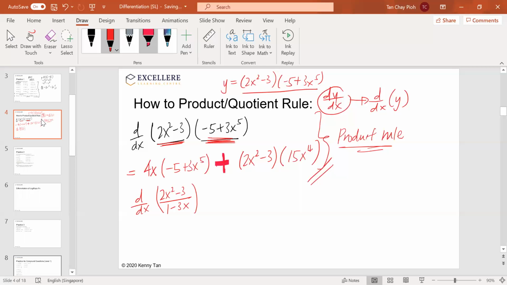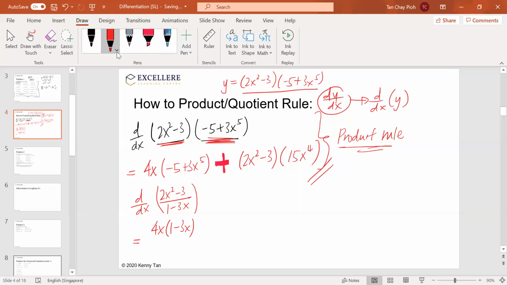Let's say I'm going to differentiate this. So whichever term comes first at the top, I'm going to differentiate it. So what I'm going to get is 4x, right? Then same thing, I'm going to hold the bottom term, 1 minus 3x.